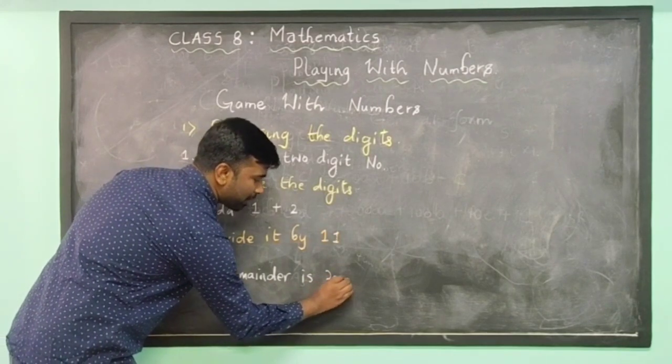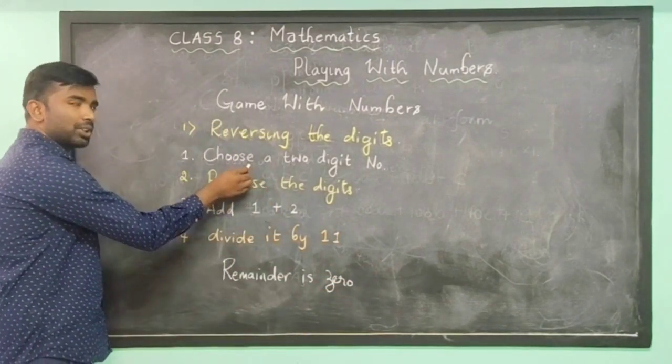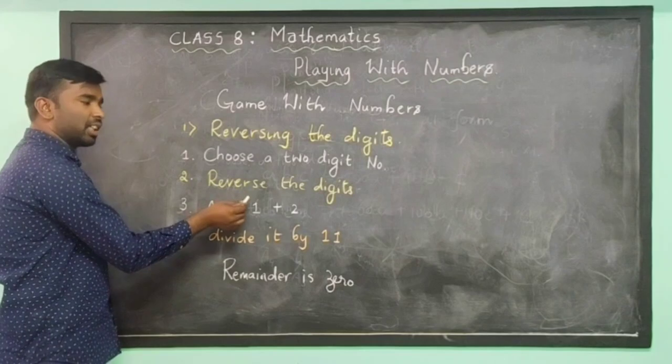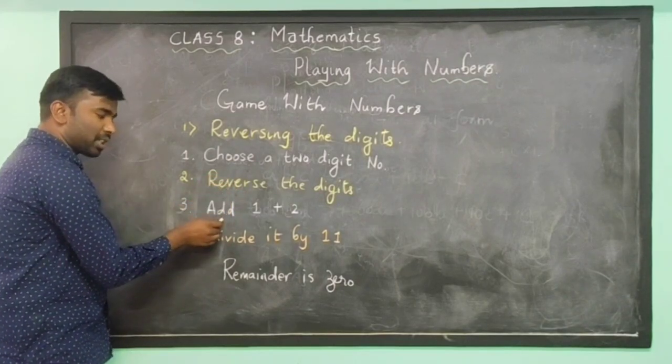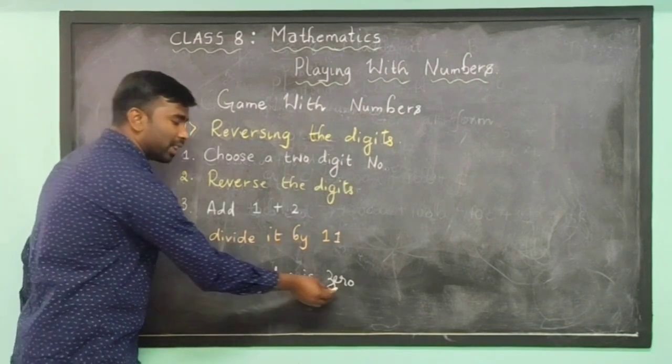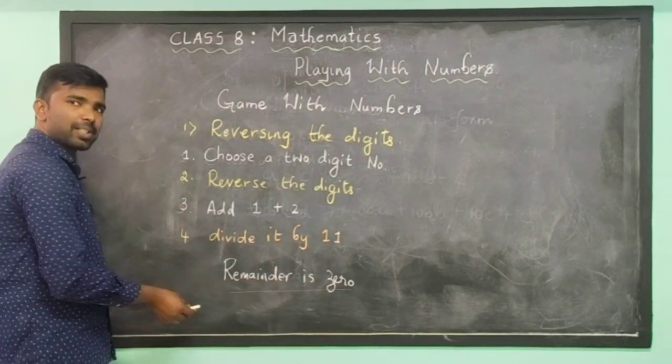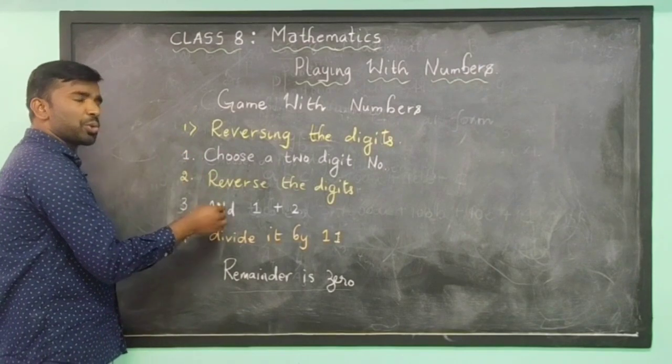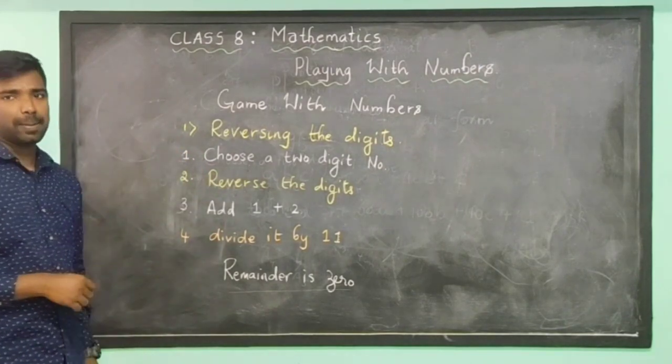What is the game here? Choose any two-digit number, reverse the digits, add those numbers and divide by 11. You can see that the remainder is always 0 if you choose any two-digit number.